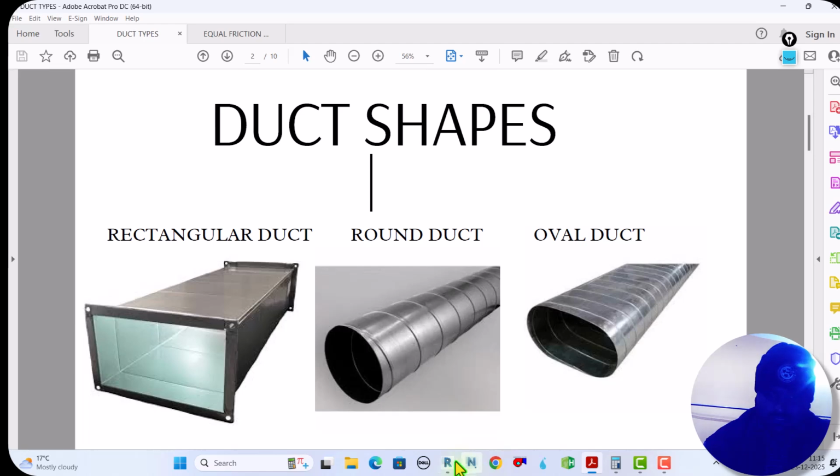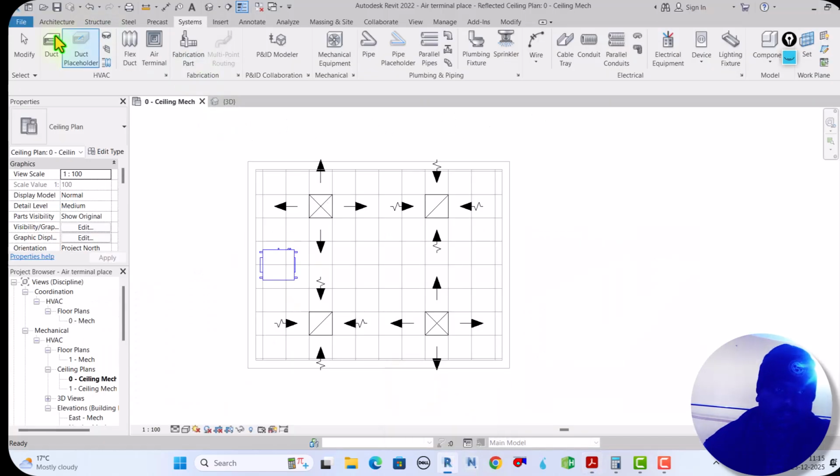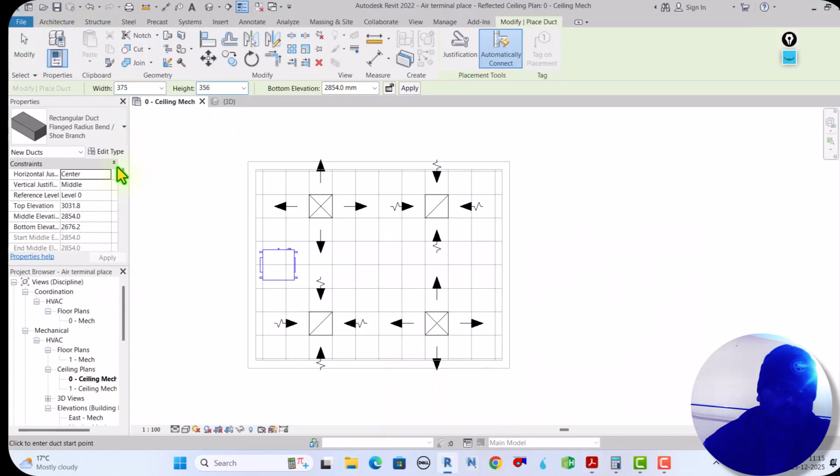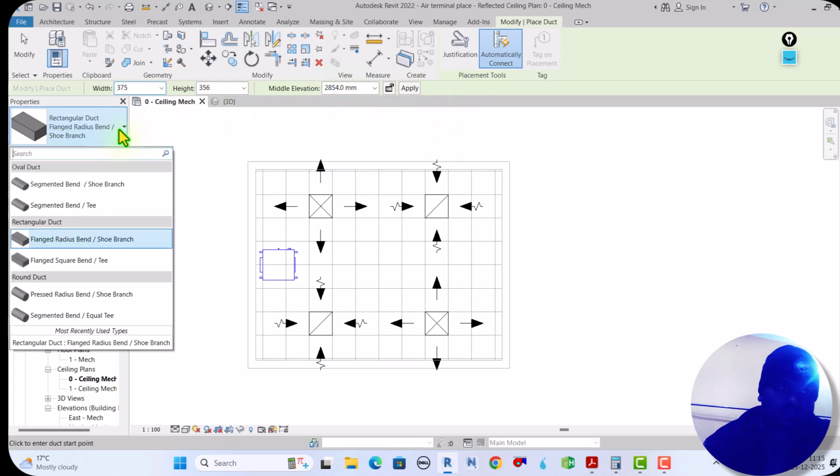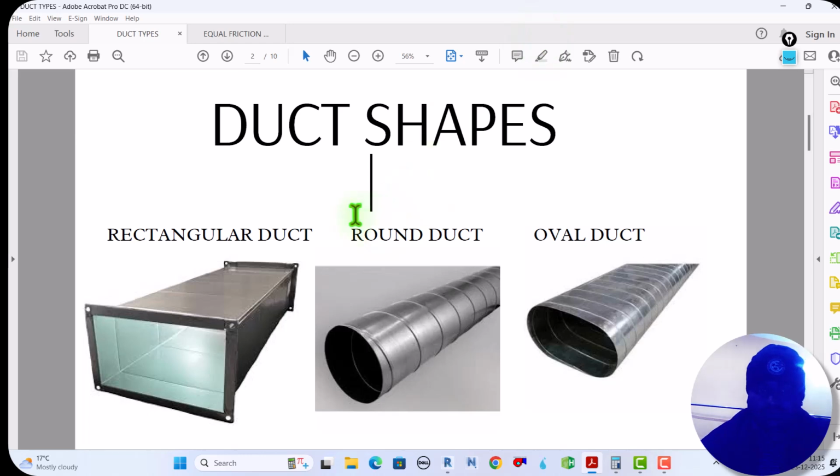See, in Revit the rectangular duct, round duct and oval duct are already given, 4 categories of duct and 3 categories of duct shapes.